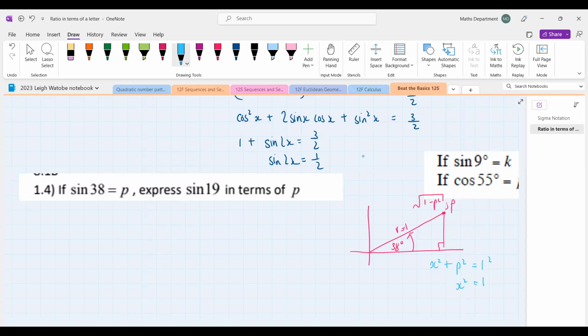So x squared is 1 minus P squared. So x is root 1 minus P squared. Is that right, Olorato? Okay, so Olorato knows what the cos of 38 is equal to, essentially, and what the tan of 38 is equal to. All right, Olorato, what next?